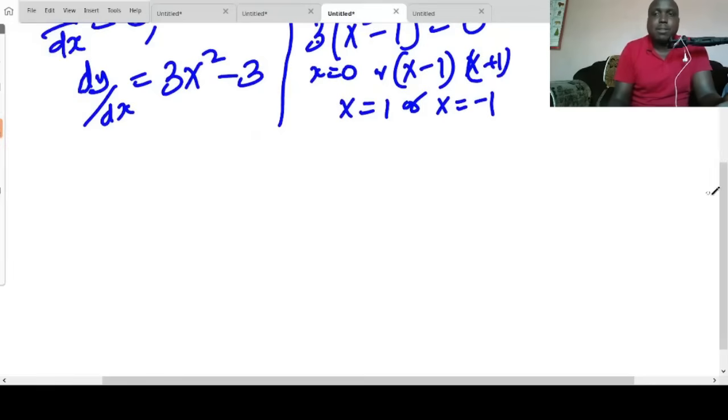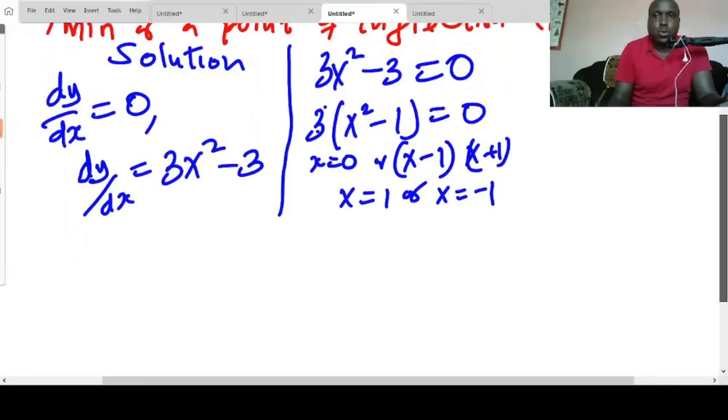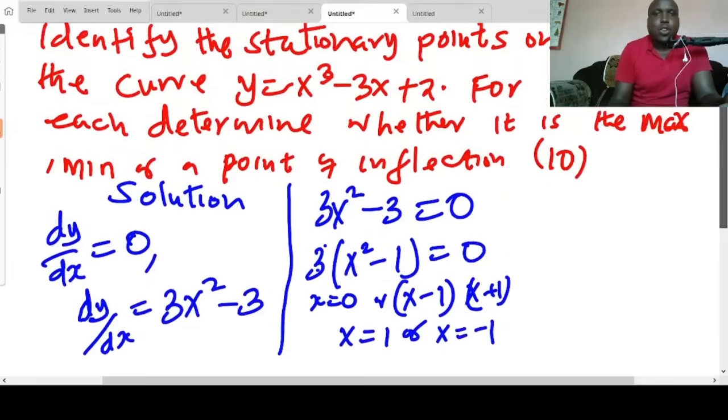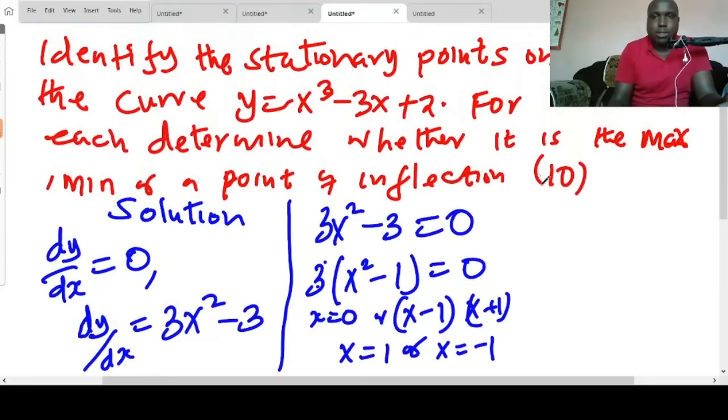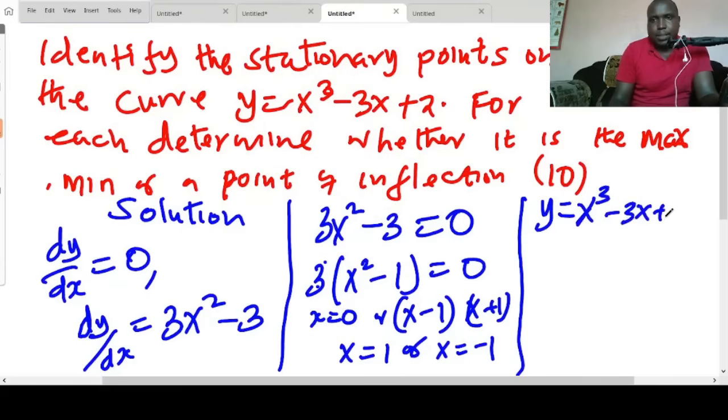You take the values of x and substitute on the function. Our function is y is equal to x cubed minus 3x plus 2.